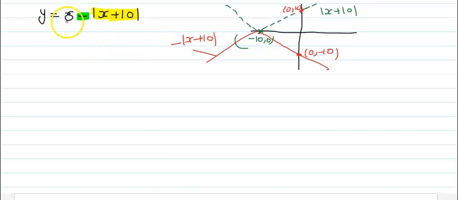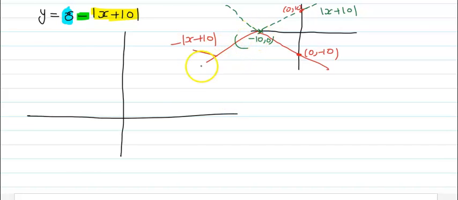Okay, now it is plus 8. If you see here, next bit, that is plus 8. So it means this graph is going 8 units up. Then our final graph will be like this. So this is our red graph, going 8 units up. So it is minus 10, and when it goes 8 units up, this point is minus 10 and 8.